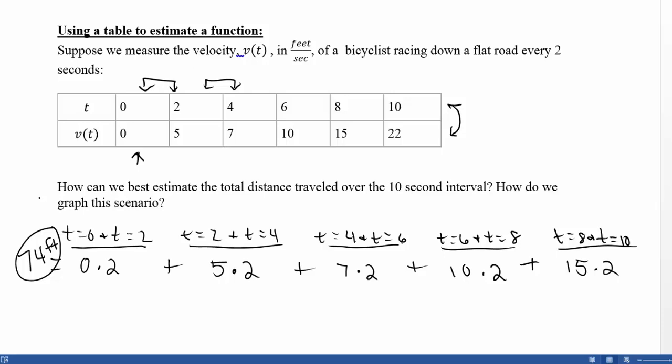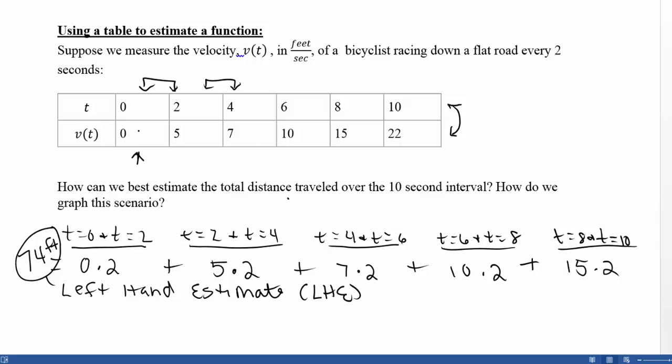So it turns out that what we did is called a left-hand estimate. So 74 is a left-hand estimate. Now, you can imagine why it's called that, right? Because we always pick the rate on the left of the two rates.